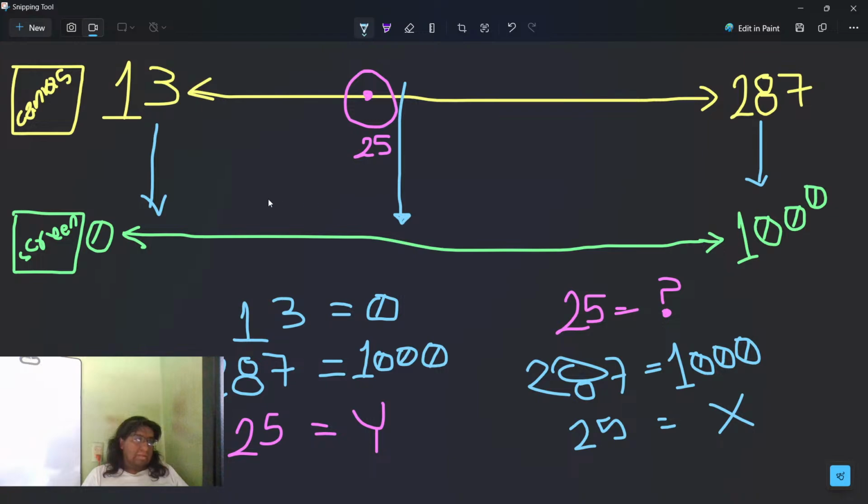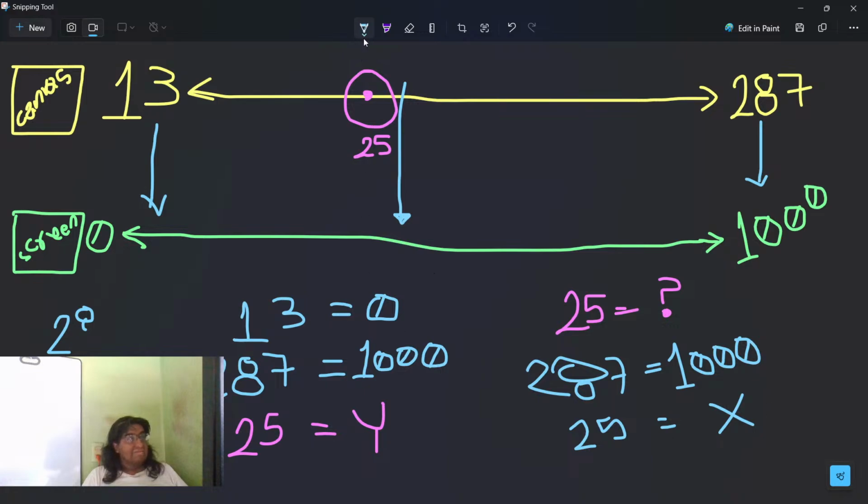How can we solve this thing? Maybe in terms of ranges. How can we find the midpoint of these two?